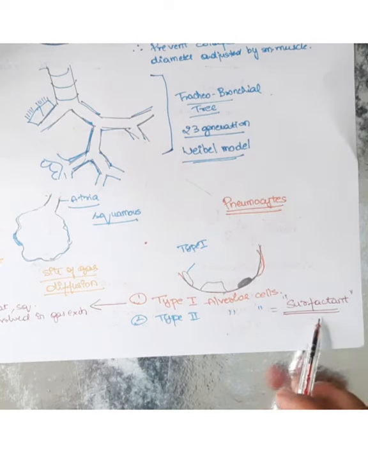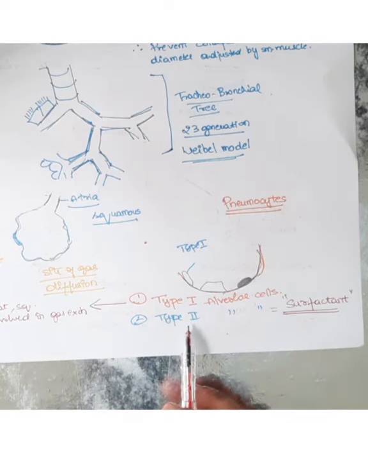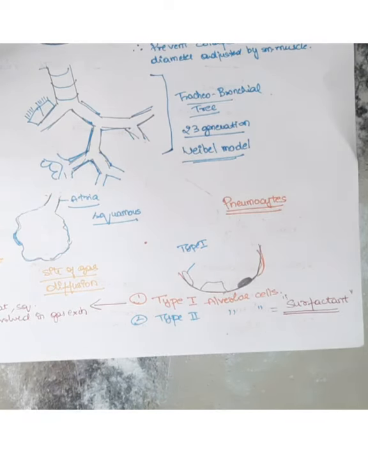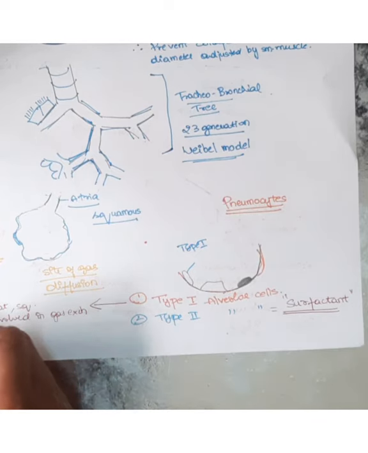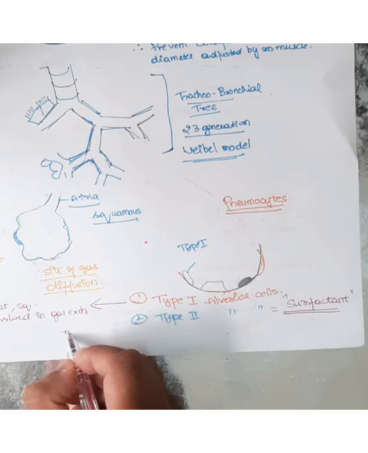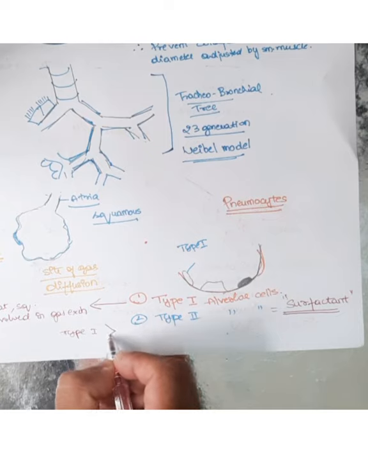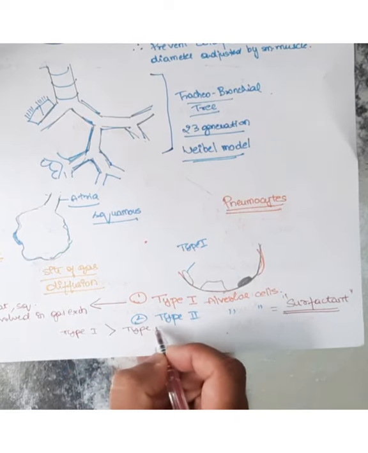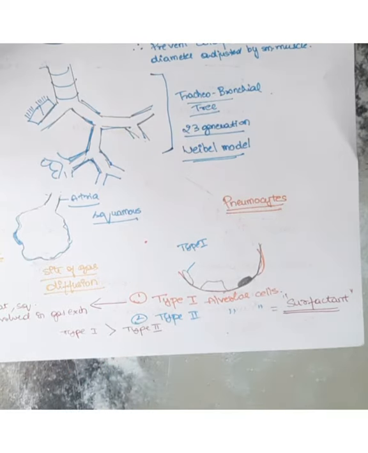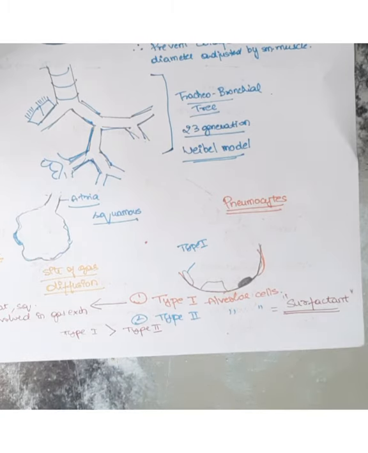The type 1 alveolar cells are more in number than type 2 alveolar cells. What are surfactants? What are its functions? We'll see it later on.